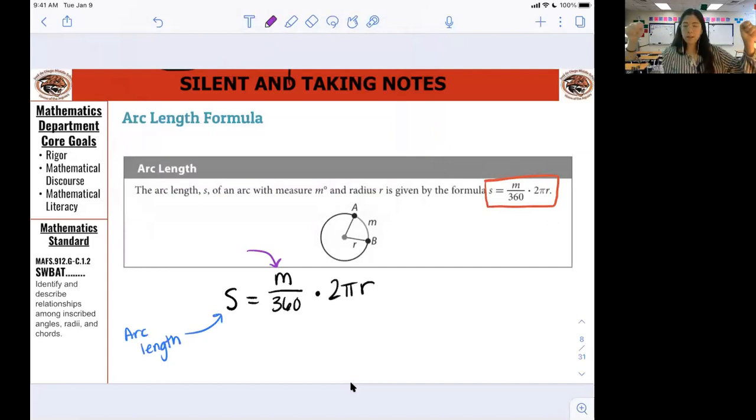If I took a measuring tape and tried to measure the length, that would be S. M is the degrees. That's if I took a compass or a protractor and tried to find the degrees of the arc. I like to call M the measure of the central angle, because remember the arc is the same as the central angle. And then of course r is the radius.